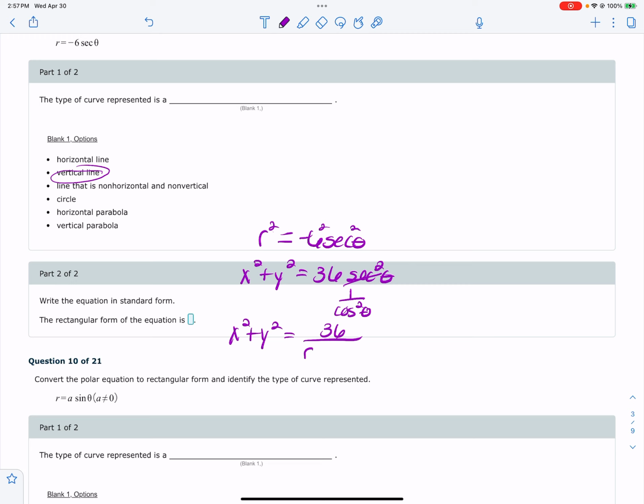Okay, so now I'm having a little bit of a mental block here. r equals negative 6 secant theta, but we're going the other way.